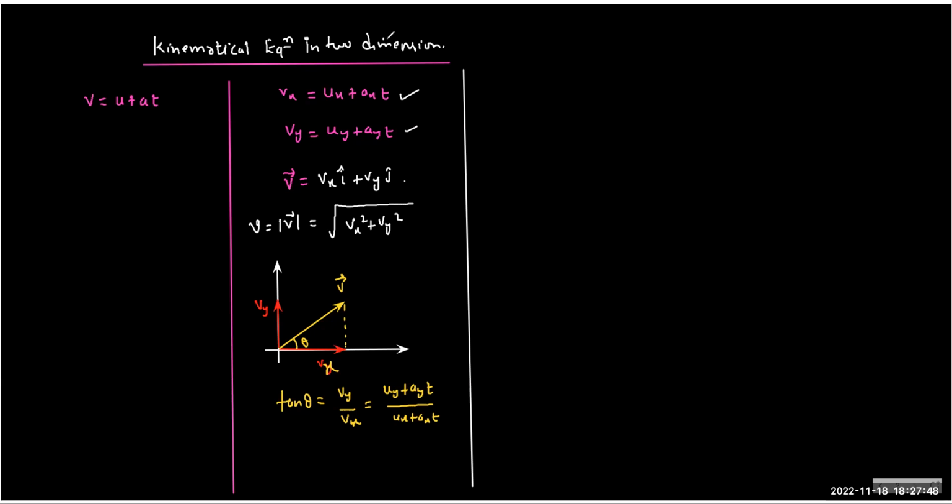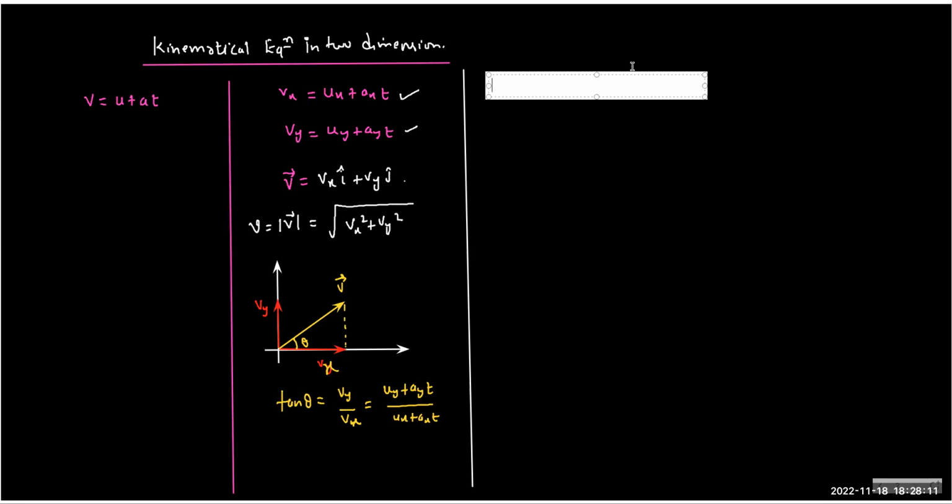You can say this. So make a note of it, and better you write it, please. So what you can see is that the moment you move from one dimension to two dimension, the moment you go from high school to class 11th, V equals U plus at will convert into these many equations, and you have to deal with all these things at the same time.